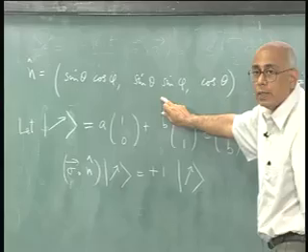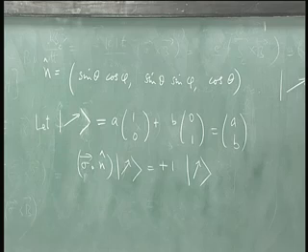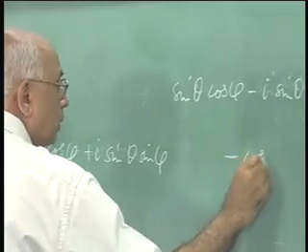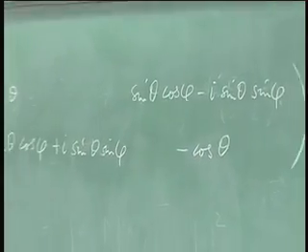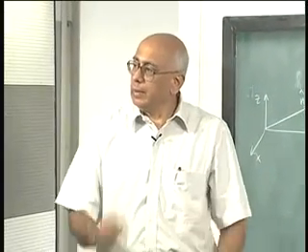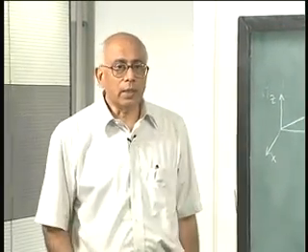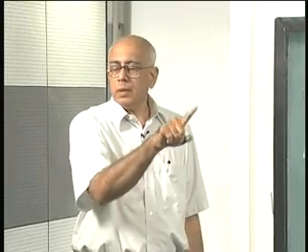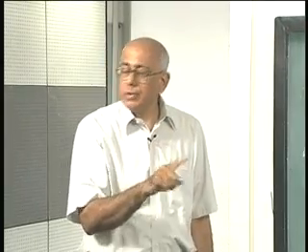That was this guy here, and then plus I sin theta sin phi, and then minus cos theta. That is my eigenvalue equation. My job is to find a and b and normalize it to unity, and then I am guaranteed to get this ket vector ab is the eigenstate of sigma dot n with eigenvalue plus half, plus 1.